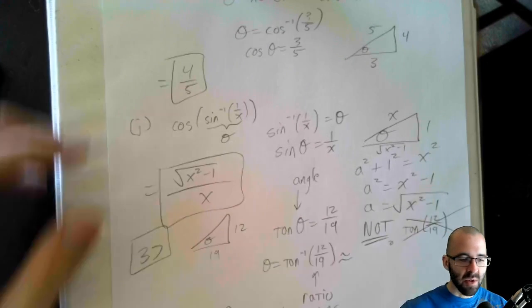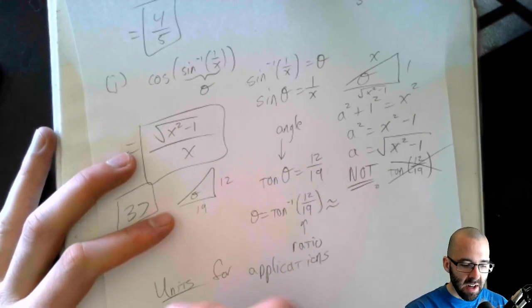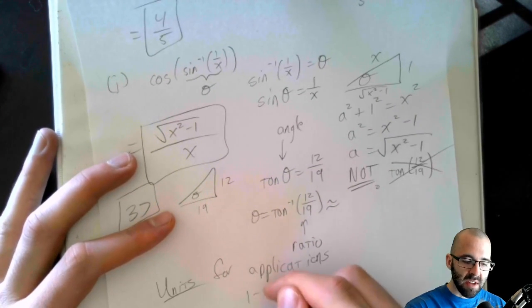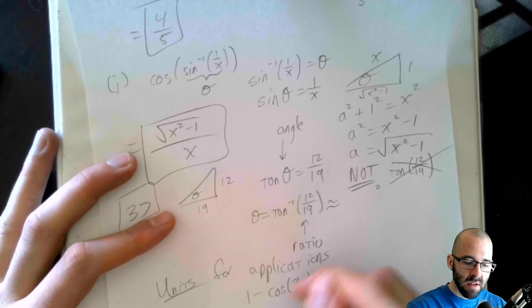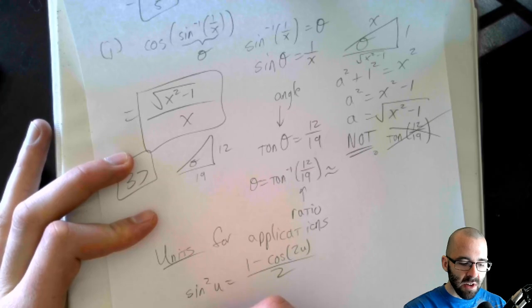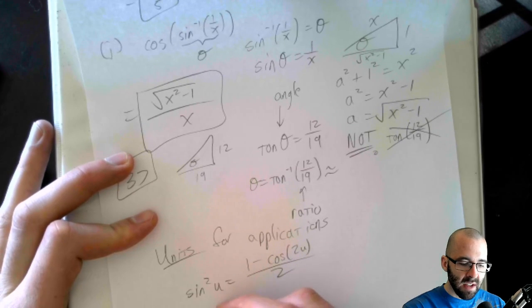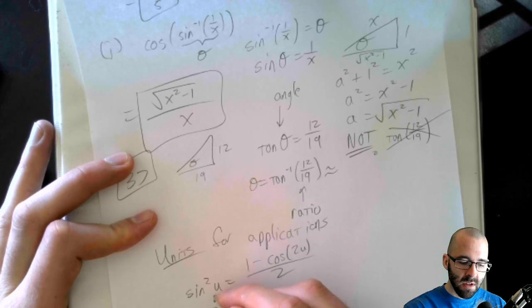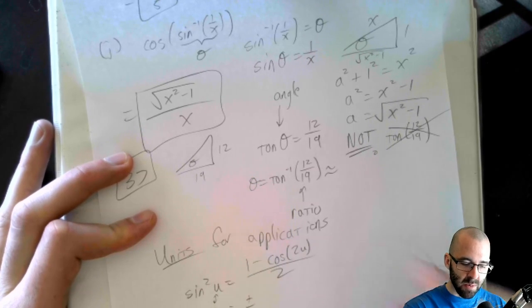Right? And I've mentioned this before, but real quickly: sine squared of an angle equals 1 minus cosine of double that angle, over 2. Equivalently, you could also write this as sine of theta over 2, where u is theta over 2, and then square root both sides.